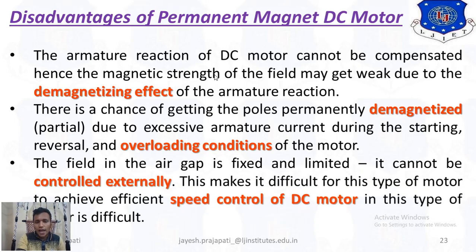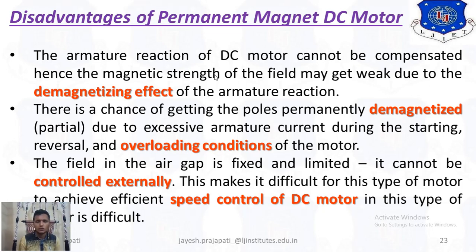The field in the air gap is fixed and limited, so it cannot be controlled externally. This makes it difficult for this type of motor to achieve speed control. If we have to control the speed from the field side, it is very difficult because it does not have any controller.